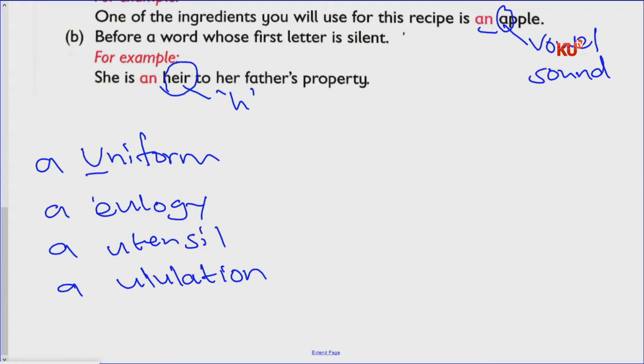There are many other words that begin with vowels, but their first sound is consonant. So they take the article or the determiner a. So let's continue.